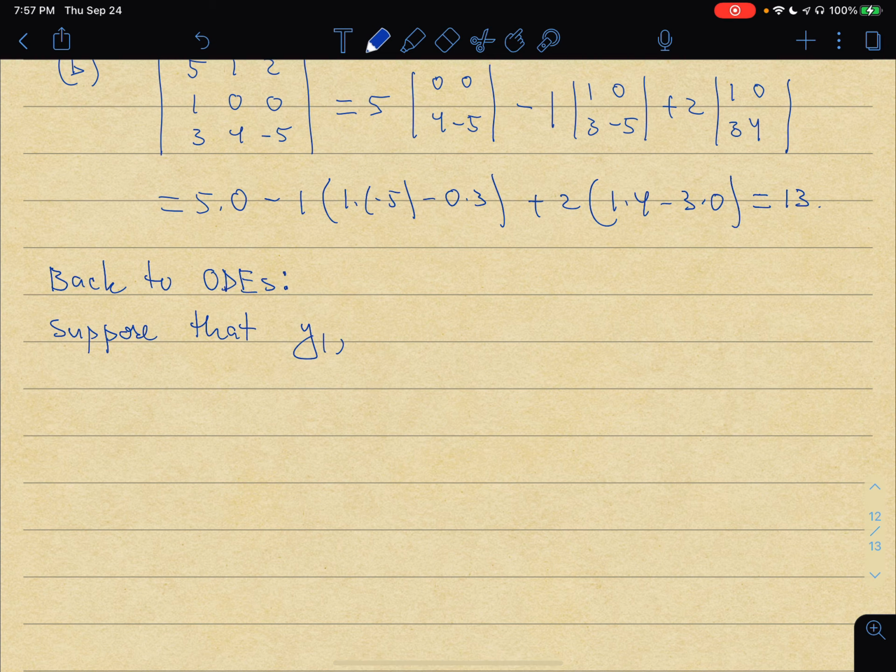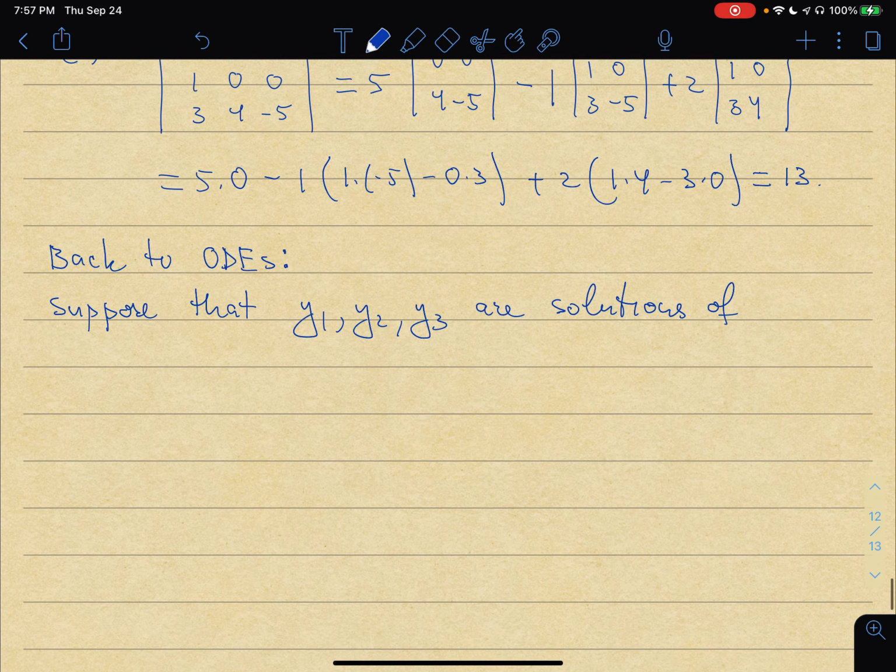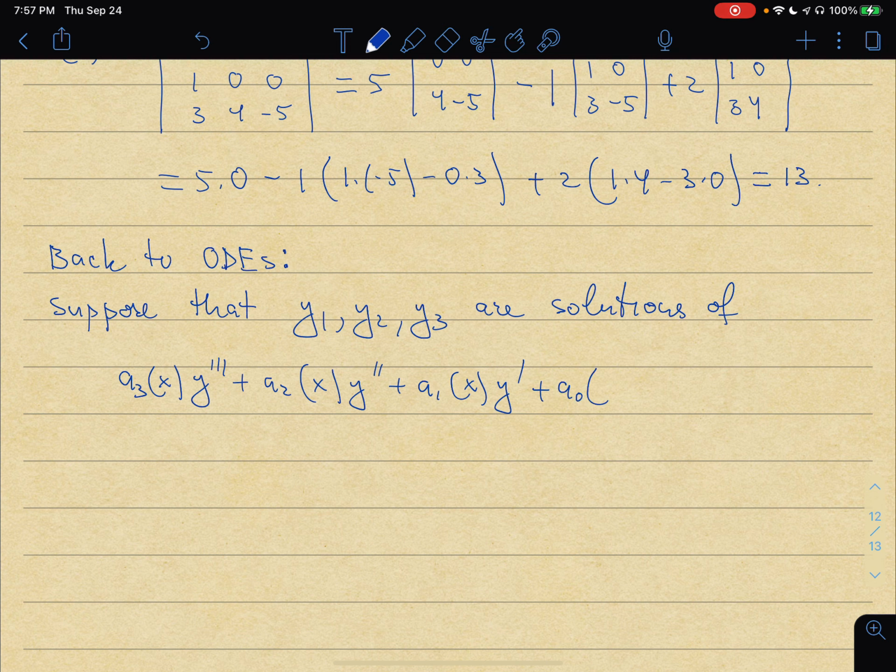So suppose that y1, y2, y3 are solutions of a3 of x, y triple prime plus a2 of x, y double prime plus a1 of x, y prime plus a0 of x, y equal to 0.